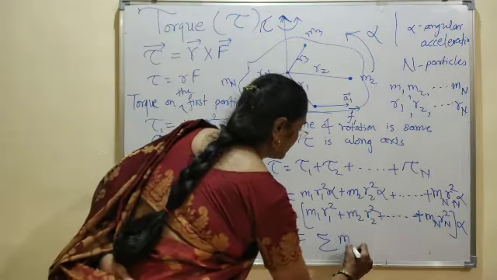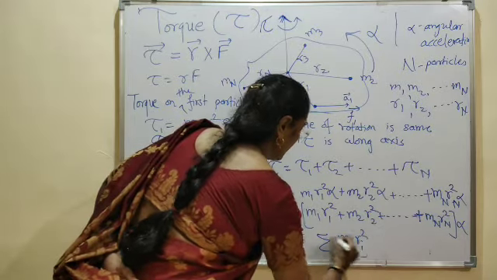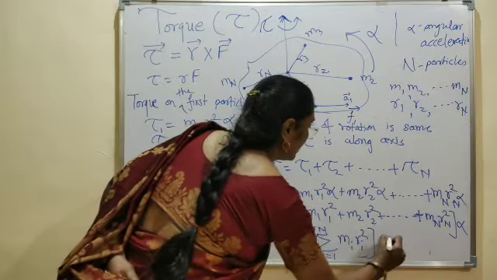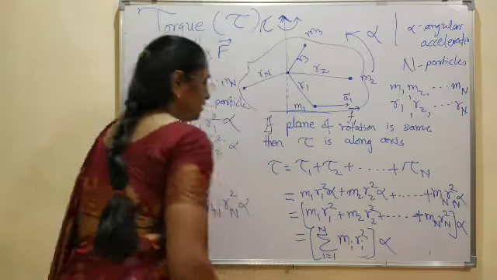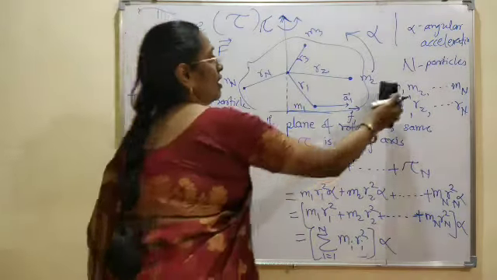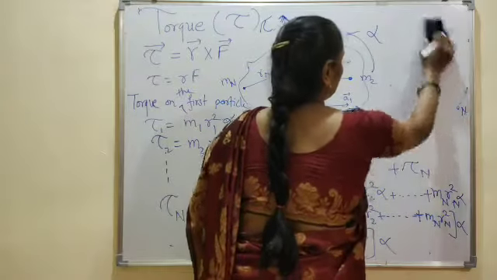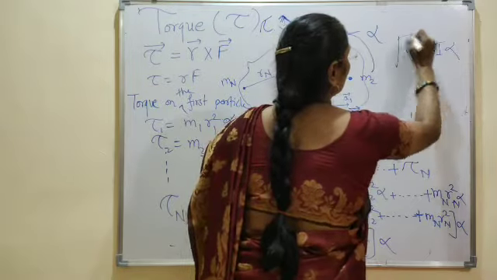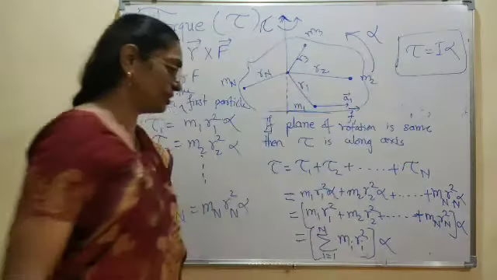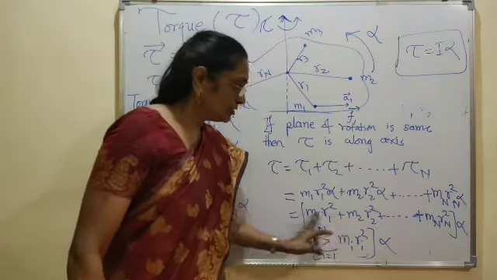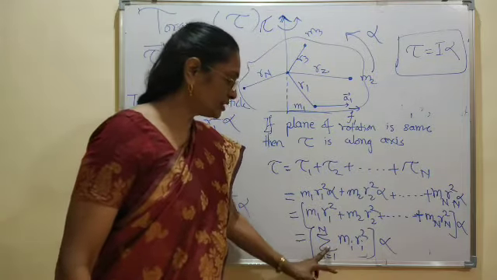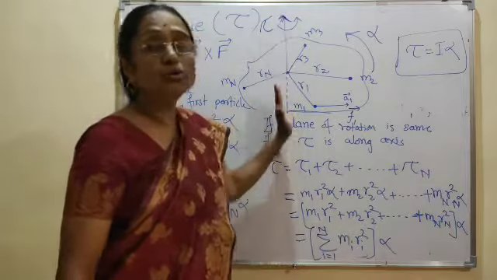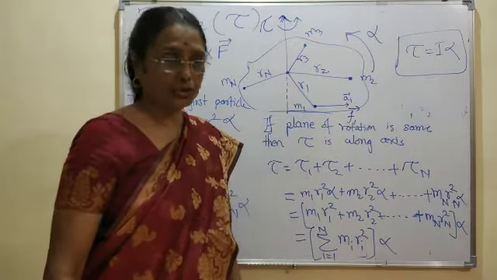It can be expressed in summation form, where the summation extends from 1 to n. So we get tau is equal to I into alpha. This is our final expression. This bracket is replaced by the summation, which is nothing but the moment of inertia about the given axis of rotation.